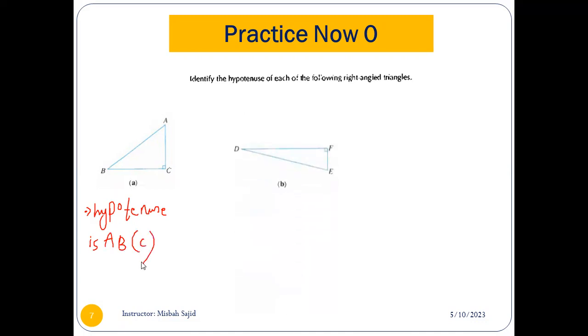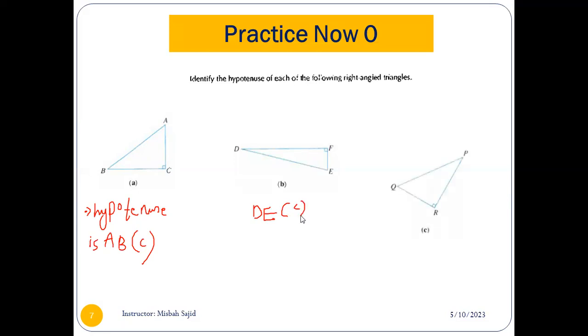Next, this is triangle DEF, and the hypotenuse is just opposite angle F, which is 90 degrees. So DE is the hypotenuse, and it can be represented by small c.